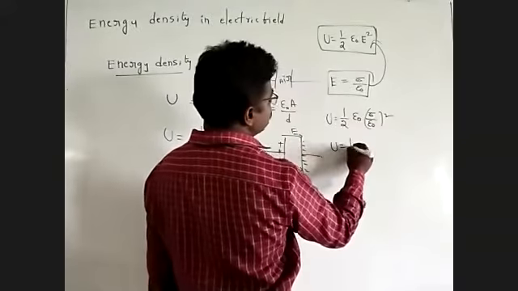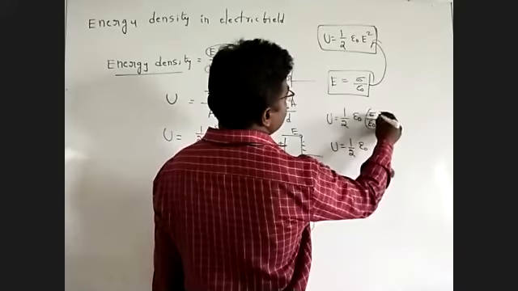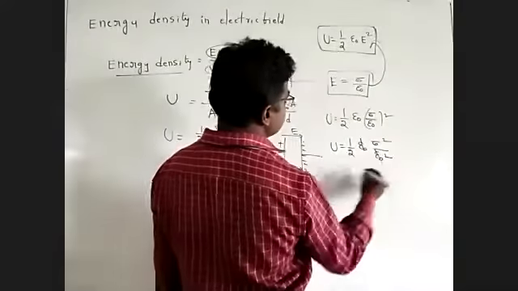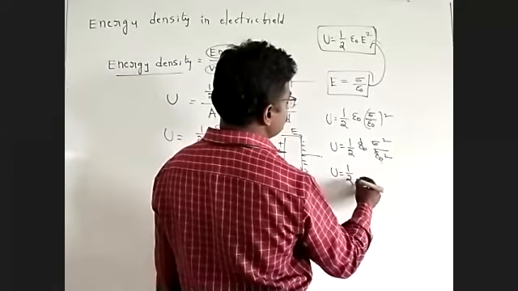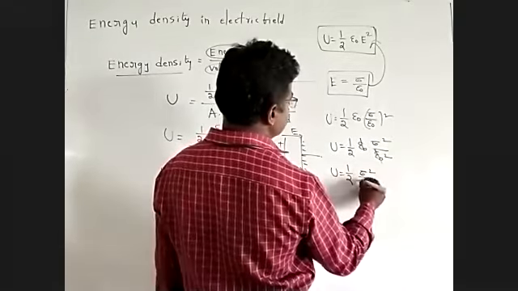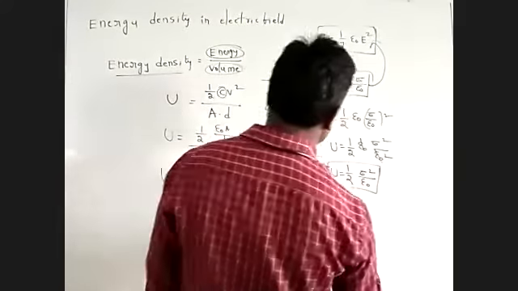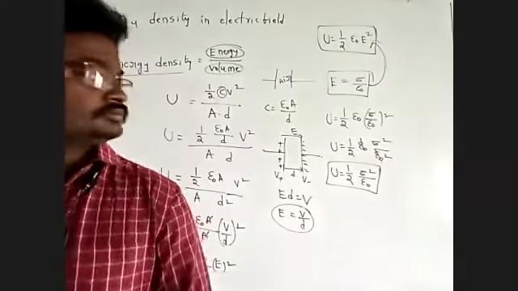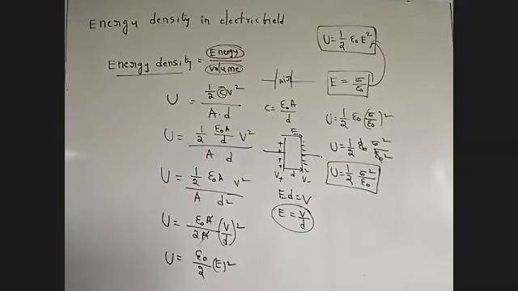That is U is equal to 1 by 2 epsilon naught sigma square by epsilon naught square. So epsilon naught cancels, giving 1 by 2 sigma square by epsilon naught. This is the energy density in the form of sigma.